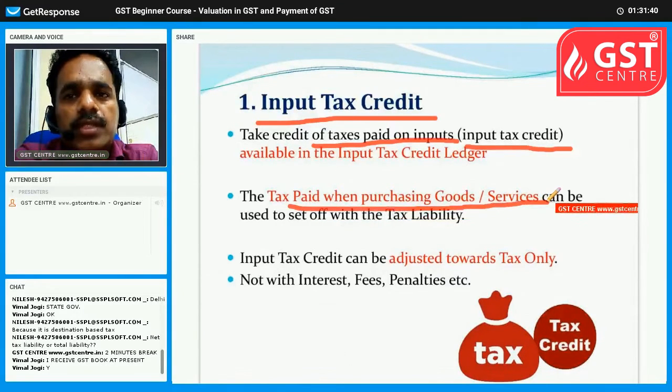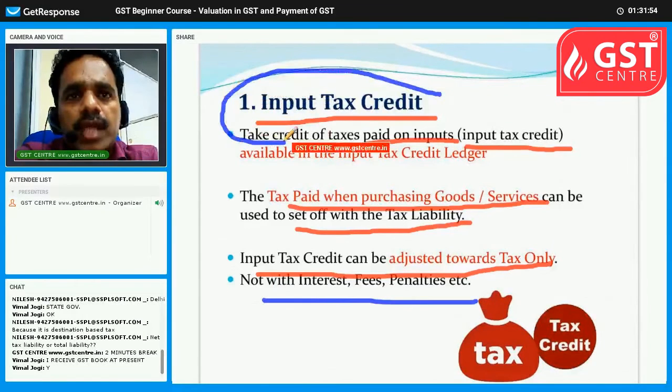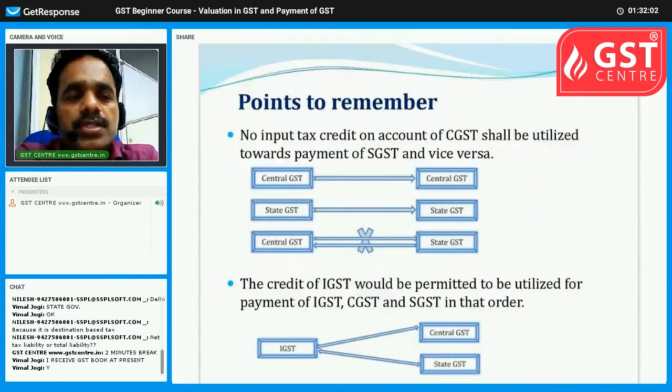That is tax paid when purchasing goods or services, and it can be set off against the tax liability. Input tax credit can be adjusted towards tax only. Input tax credit cannot be used for payment of interest, fees, penalties, etc. If there is any input tax credit, it should be adjusted towards tax only. Some points that should be remembered: no input tax credit on account of CGST shall be utilized towards payment of SGST.